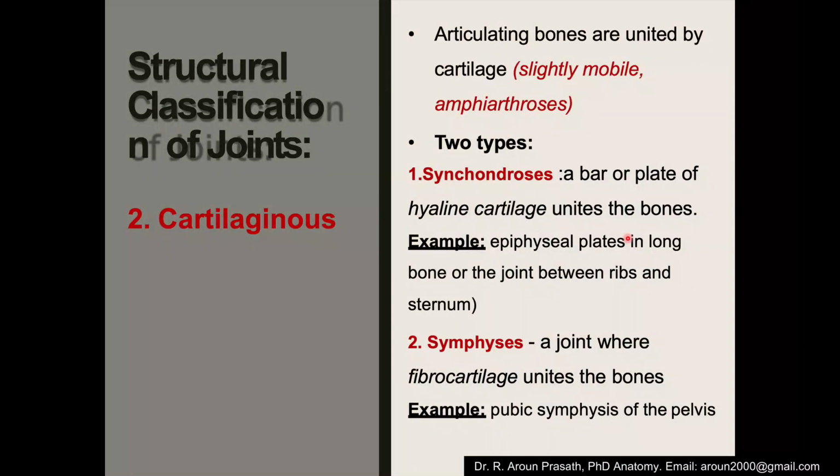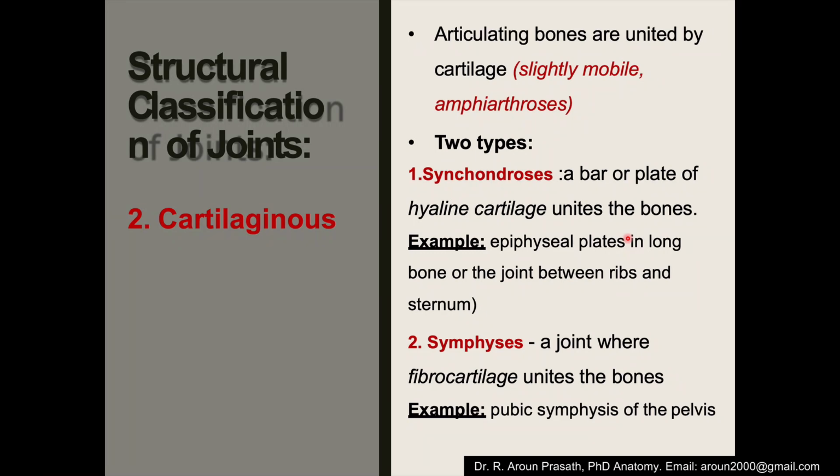Next, the cartilaginous joint. Previously we have discussed the suture joints, that is immovable joints. Now we will discuss the cartilaginous joints, that is, these joints allow a slight degree of movement.